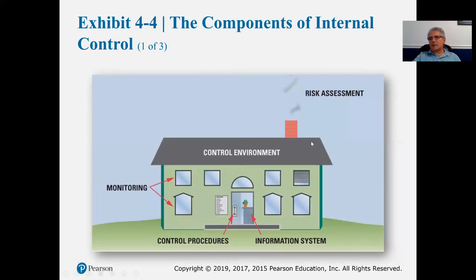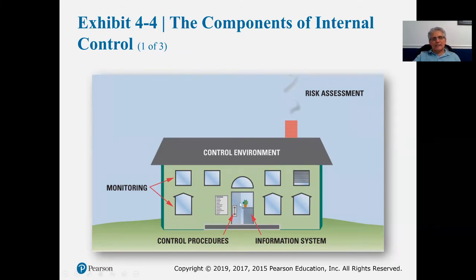We can also paint another picture where we look at a home and take elements of the home and categorize them in the context of internal controls. Naturally, when you have a home, you're trying to protect what's inside the home, and we might consider those to be assets.